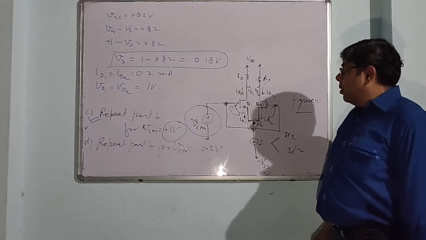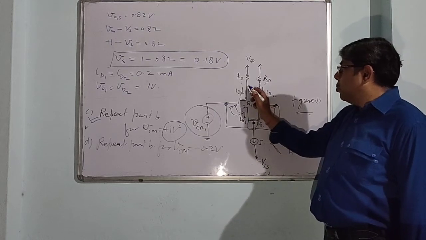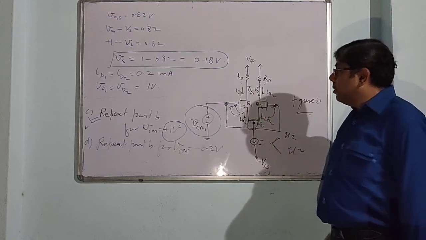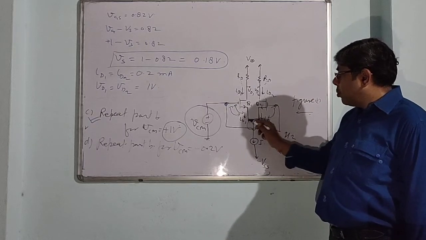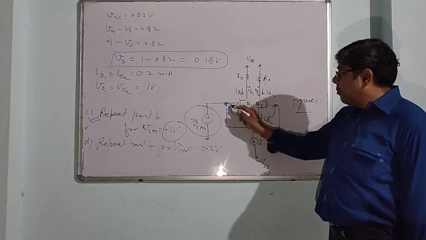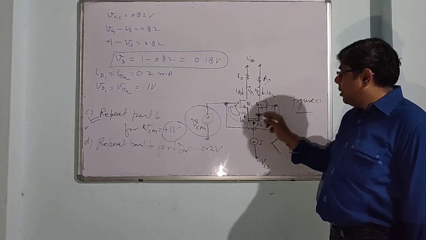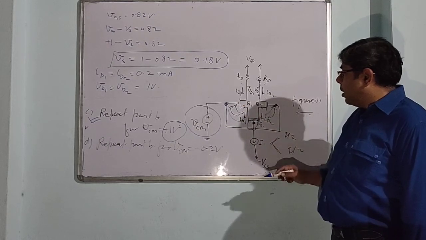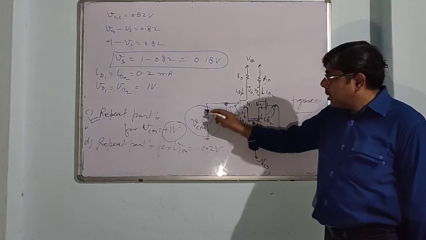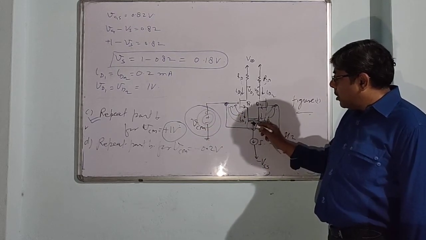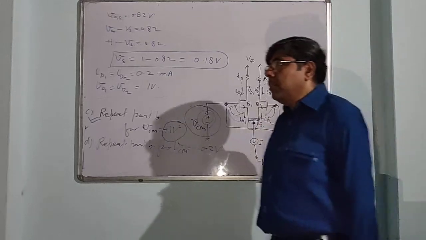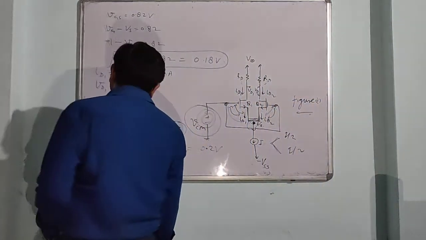These two terminal voltages, VD1 and VD2, are the same. Only this source voltage differs, and for the operating condition VGS is the same. So if we change this common mode signal voltage, the potential at the source terminal varies.